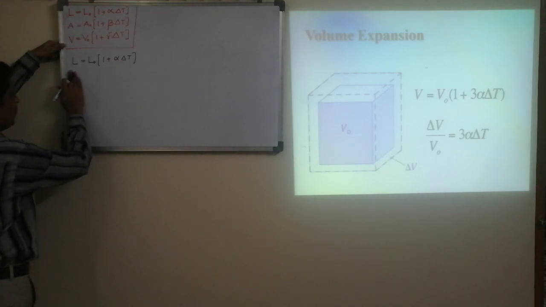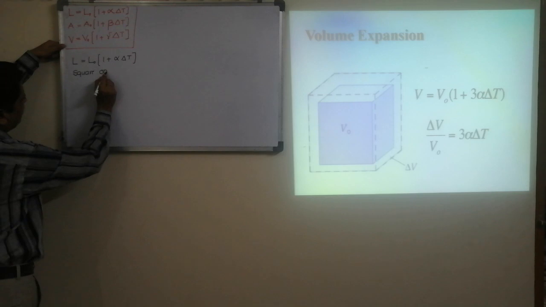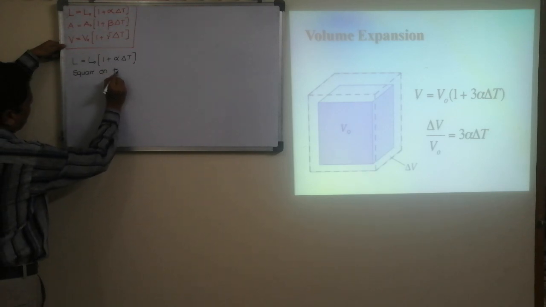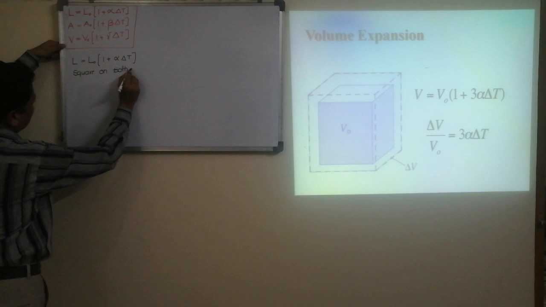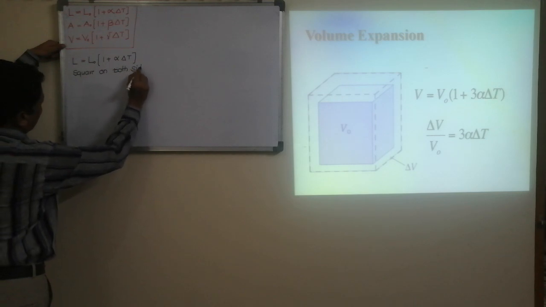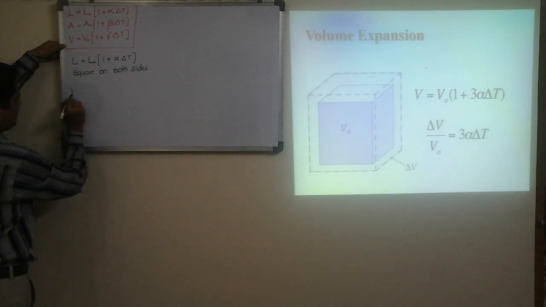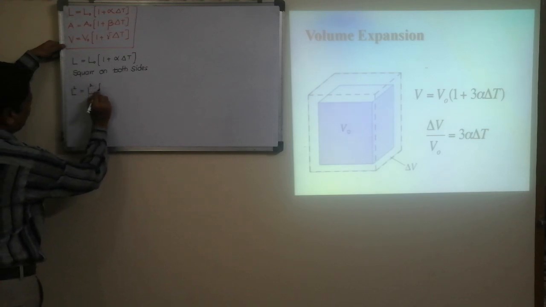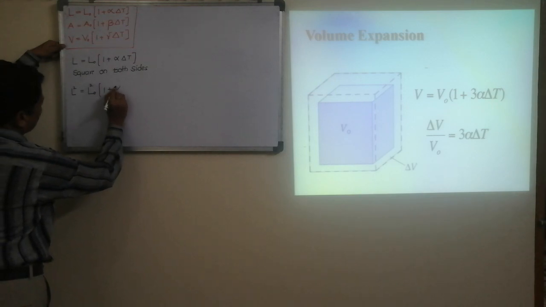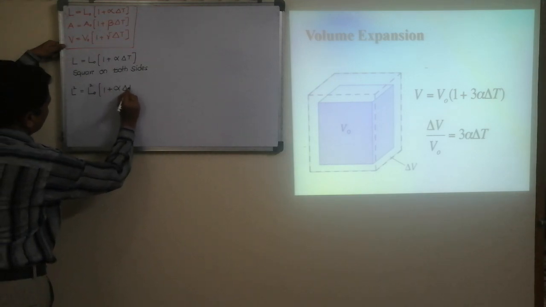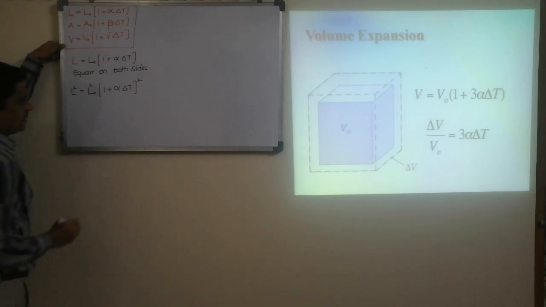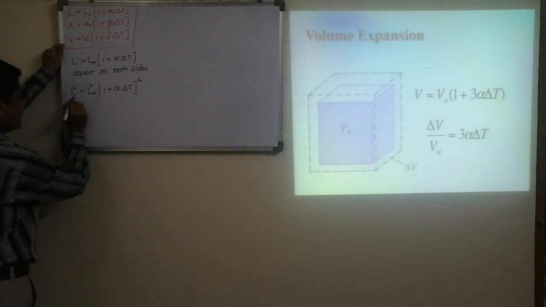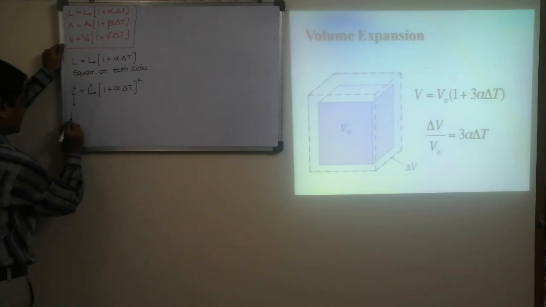If I take a square body, now square on both sides, it becomes L square is equal to L naught square in bracket 1 plus alpha delta T whole square. I'll write one more step extra.